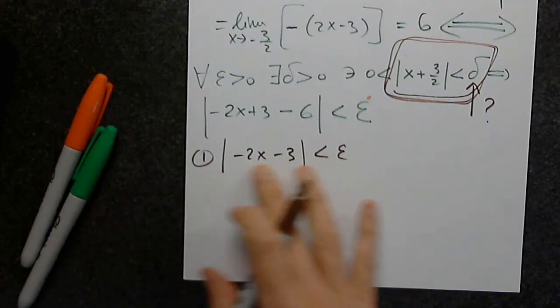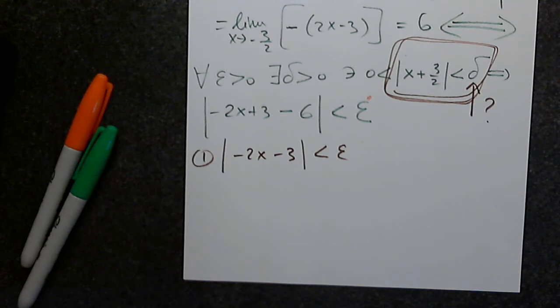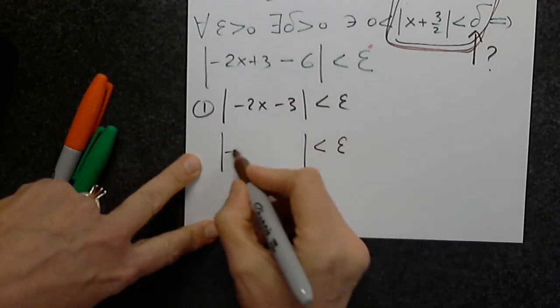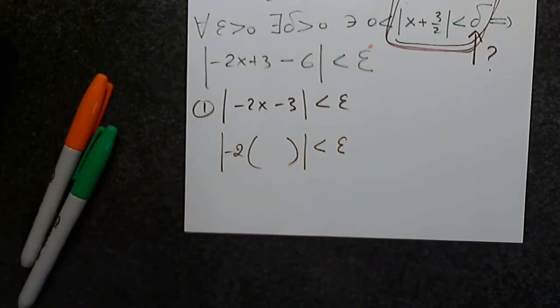So let's look at this inequality and come up with something. I know what I have to do. In order to get this 3/2, obviously I have to force a factor out. What factor I need to force out? Very good. What is left in parentheses? Awesome.